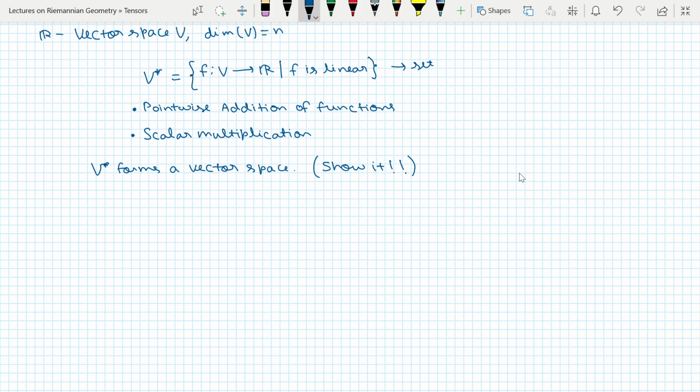So this V star that we just constructed by making the functions over the vector space V is called the dual space. So V star is called the dual vector space.